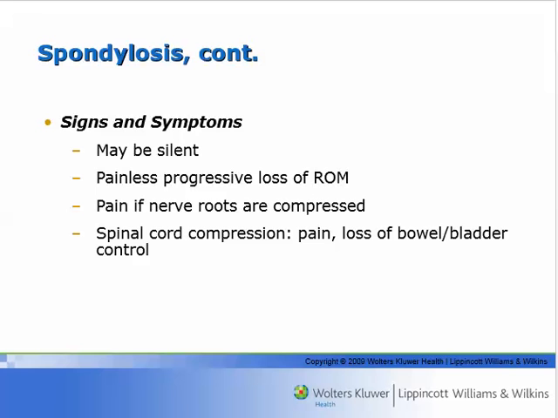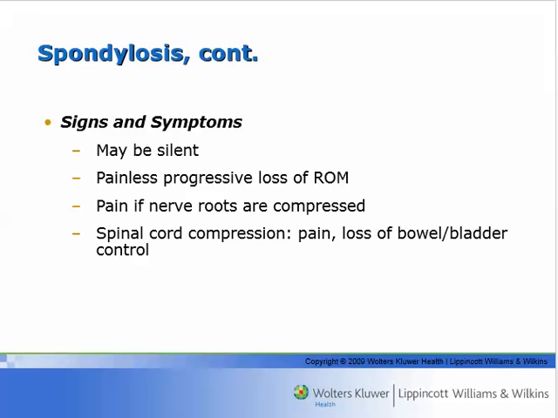It doesn't necessarily cause signs and symptoms, just loss of range of motion. It causes pain if you're compressing on the nerve roots or the spinal cord, if there's a spinal stenosis. It can actually cause enough spinal cord compression that there's a loss of bowel and bladder control. The sphincters stop working, the voluntary sphincters.